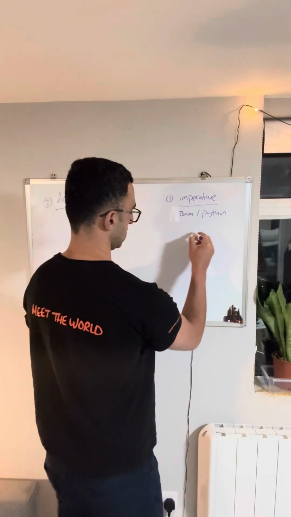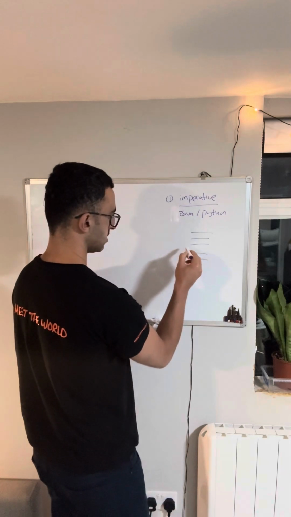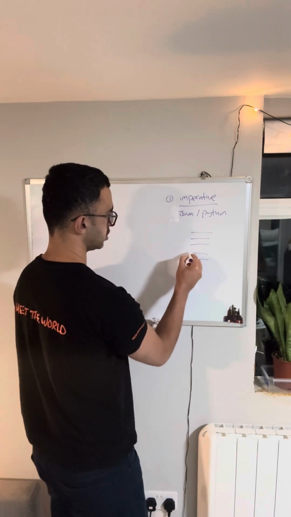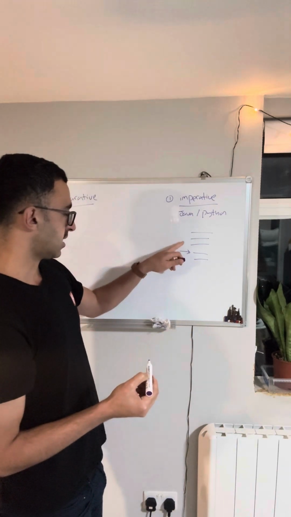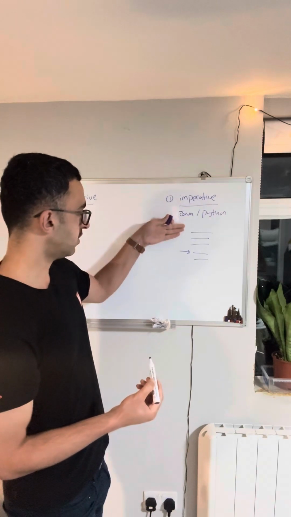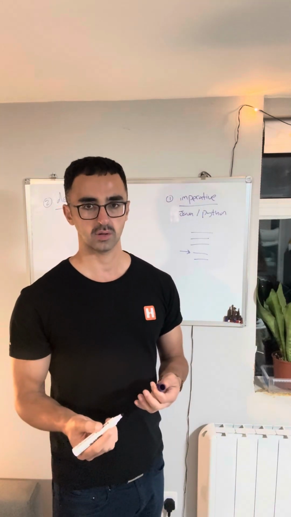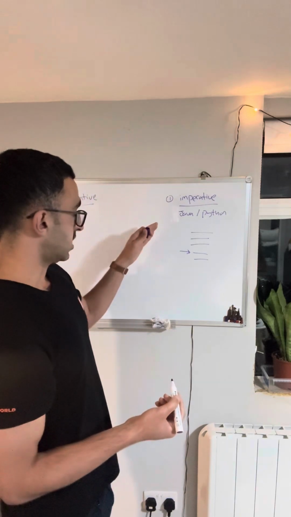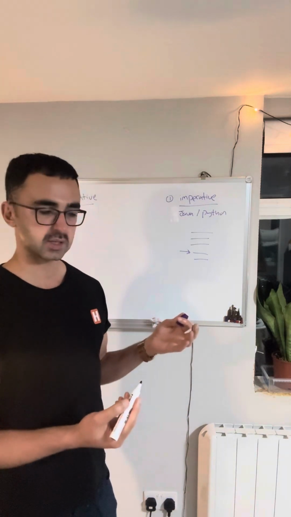Let's imagine there are 5 lines of code and the execution reached this one. This means that this serves as a guarantee that the previous lines ran successfully and without any errors. So it's imperative.